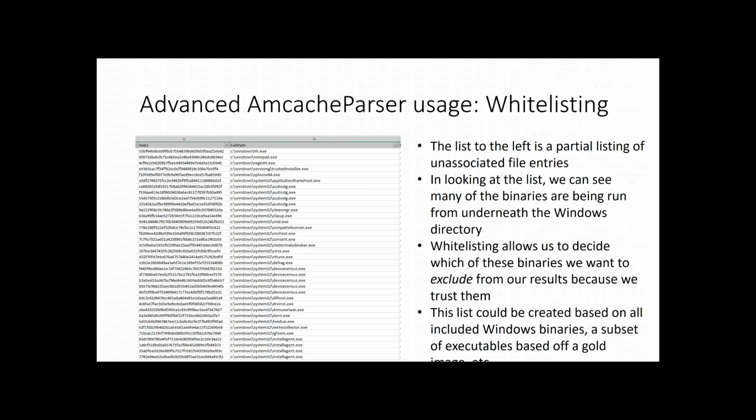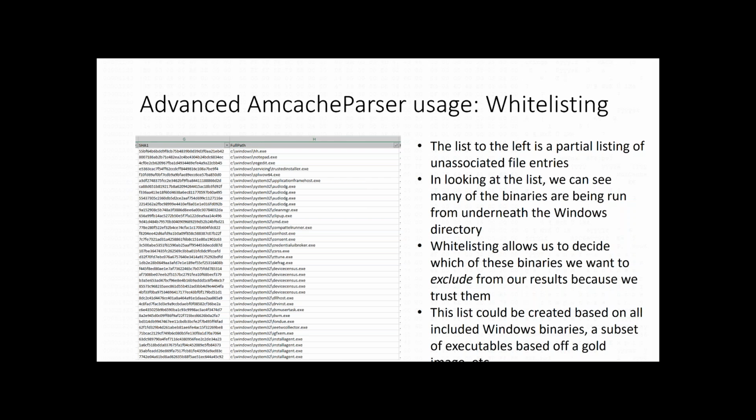And you can see that a lot of the ones that are here are stuff that is running out of the Windows directory. So in some cases, you may not want to know whether trusted Microsoft binaries ran because it's just adding more noise. Do you want to know if somebody ran regedit? Do you want to know if the trusted installer ran, for example, at the top there?